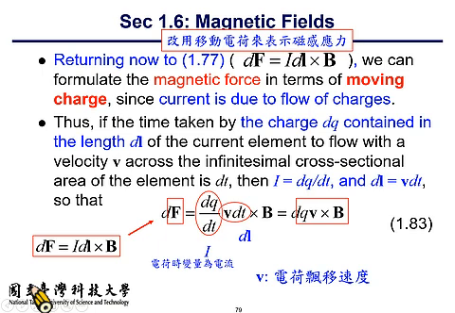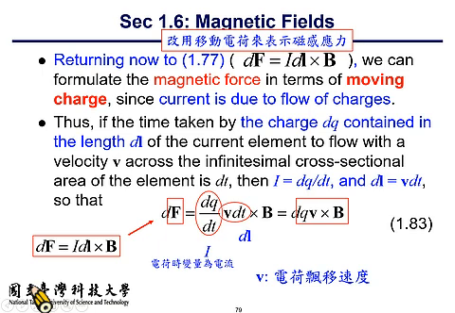So as you can see here, we begin from dF equals I dL cross B. dL is a short distance. I is the current of the line source. B is the magnetic flux, and the cross product suggests the magnetic force experienced by this short piece of current.